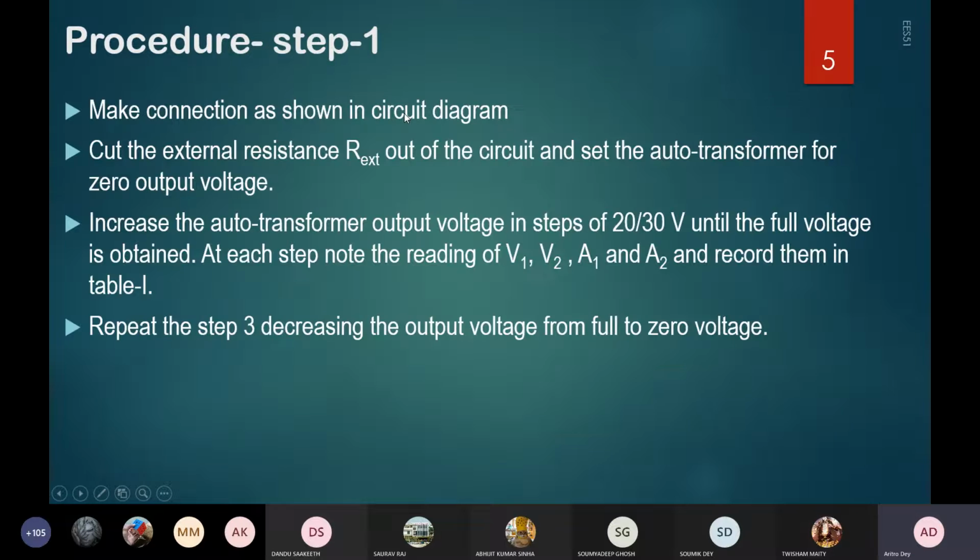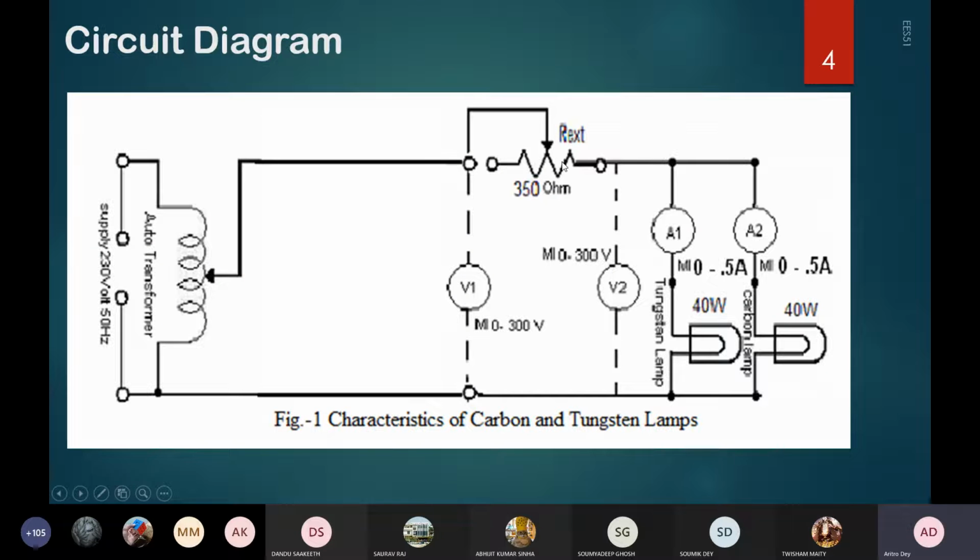I am not going through this step because we'll be playing the video, and you will be able to see. In the first step, we will not connect this REXT; we'll just take the slider position here.